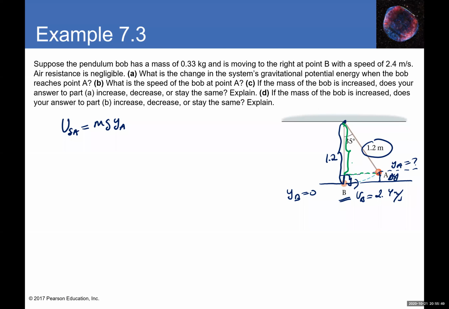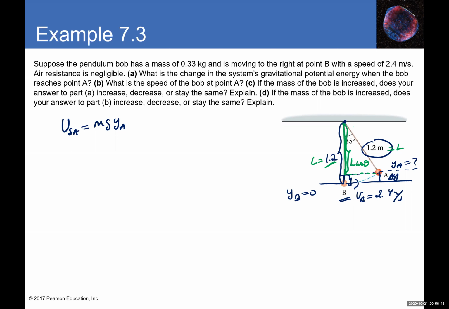This green part is the length, and because it's 35 degrees with respect to point B, this will be L cosine theta. That means this portion of the length is L cosine theta.